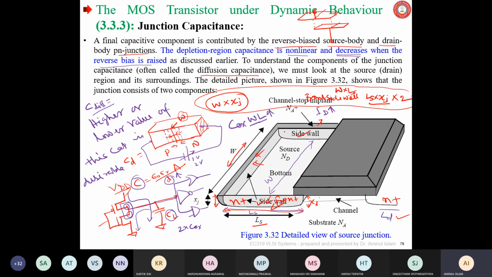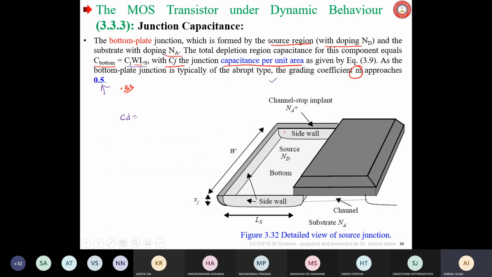That is what we are discussing so far. Then we are saying that bottom plate capacitance will be Cj into W LS, because Cj is junction capacitance per unit area. So if you multiply by the area W into LS, then we get the capacitance value.